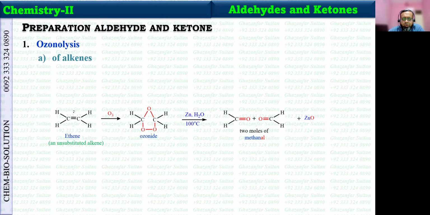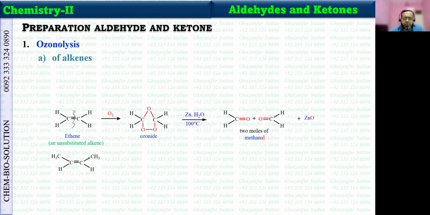So when the bond is broken from here, the two oxygen atoms are incorporated, one on each of the carbon atoms, and one oxygen is bonded as a double bond. So you can easily predict the product of the compound. Whatever the alkene is, you just break the molecule at the double bond, and on both of the carbon atoms, you just put a double bond with oxygen. So you will get two products.